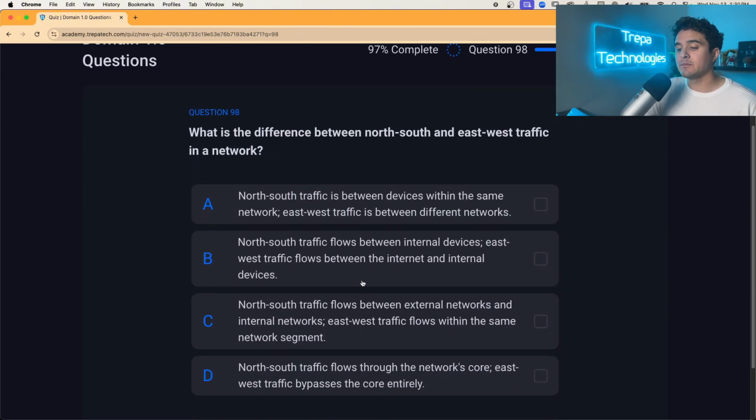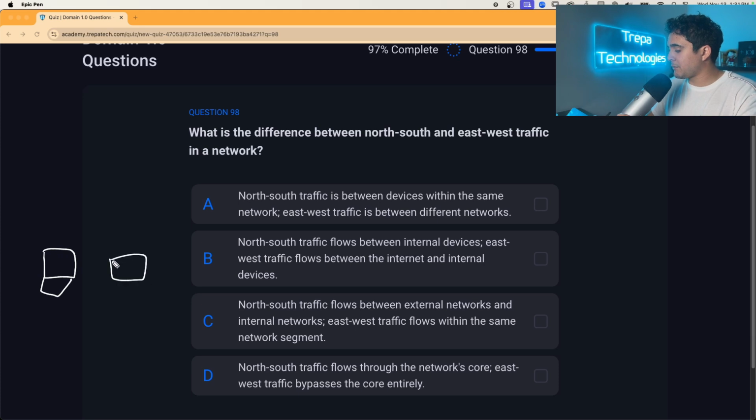Question 98. What is the difference between north to south and east to west traffic in a network? Okay, so north to south, east to west. When we think north to south, I always think of our traditional networks where we may have a PC here and a printer here. They're both connected to a switch, which is connected to a router.